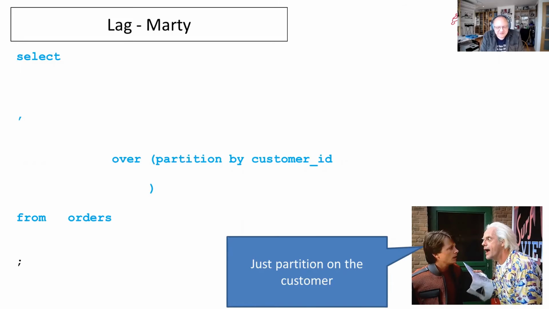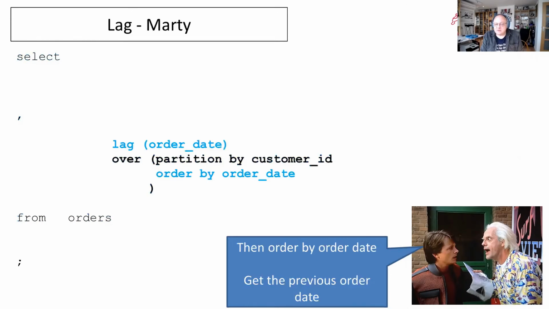If we go to analytic functions, then let's start with over. We partition by customer ID because we want to know the data within a customer. Then we can order by order date. And if we then use the lag function, it looks at rows before the current row.